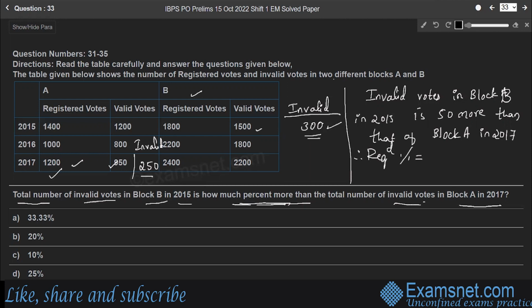That means for 250 invalid votes in block A, there are 50 more invalid votes in block B, right? Therefore, for 100, it is 50 into 2, 50 into 5, so 5 into 10. So 20% more than that of block A. So invalid votes in block B are 20% more than invalid votes in block A in 2017. Therefore, option B is the right answer.